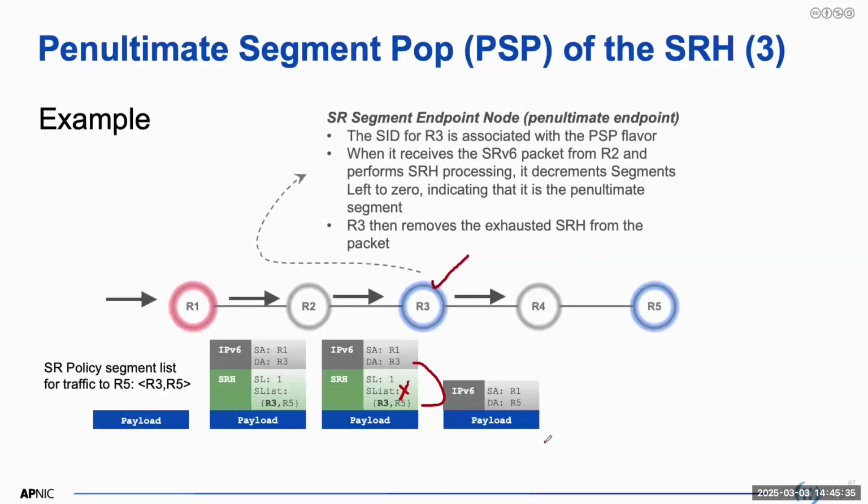So it will forward the packet without the SRH, and then the packet reaches R5. R5 in this case just needs to process the payload, it does not need to have the SRH. So this is just to be more efficient, instead of doing two things at one node, we are doing one thing at the endpoint node.